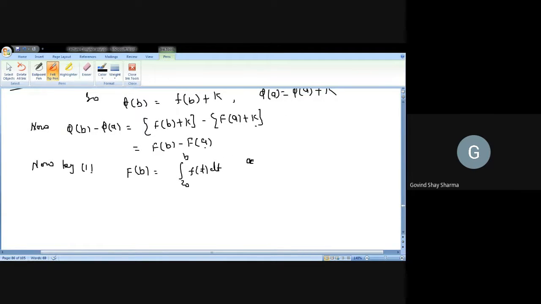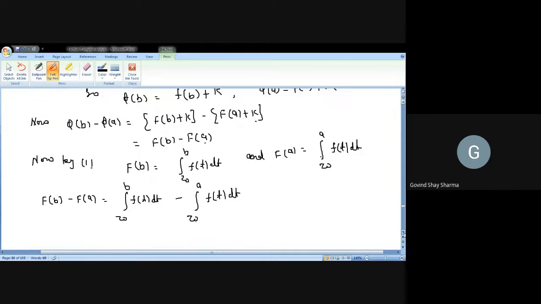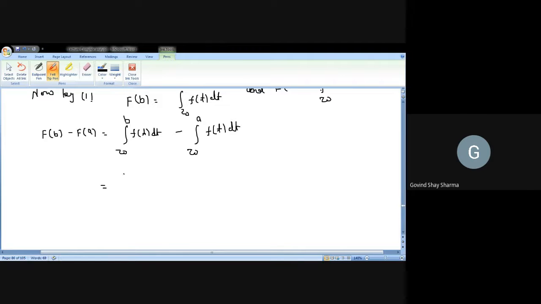and F(A) equal to the integral from z0 to A of f(t) dt. So the integral from z0 to B of f(t) dt minus the integral from z0 to A of f(t) dt becomes the integral from z0 to B plus the integral from A to z0.